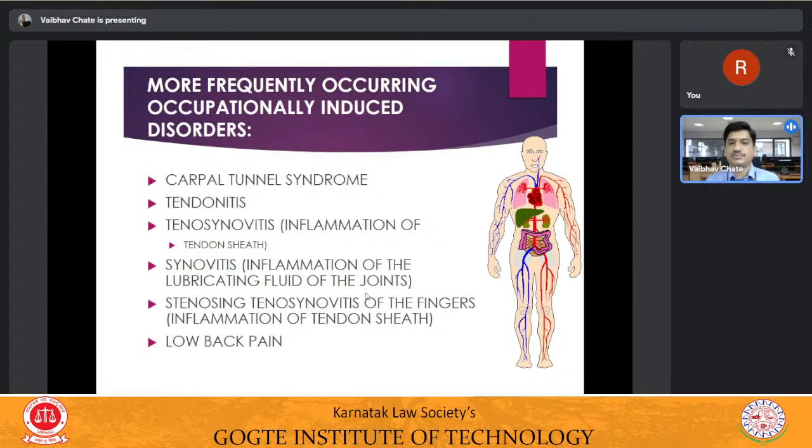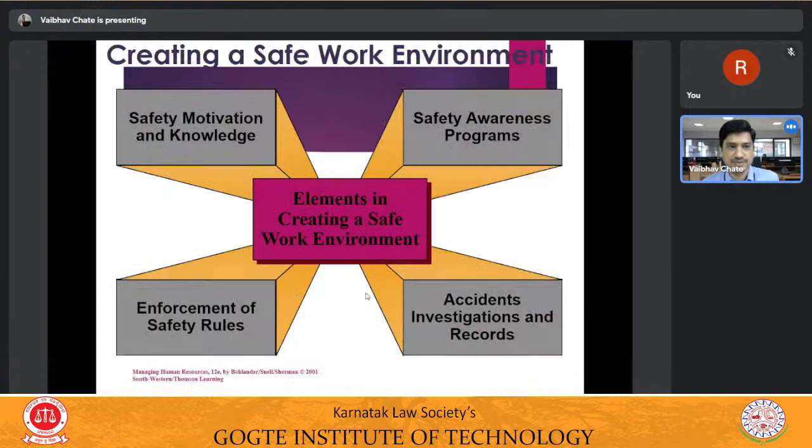The chair may be good, but the posture in which we sit may not be ergonomic, and in that case we may have lower back pain. Carpal tunnel syndrome or tendonitis. These are a few examples showing that these disorders happen because of poor ergonomic design at the workplace. Creating a safe work environment is part of unit number 2.